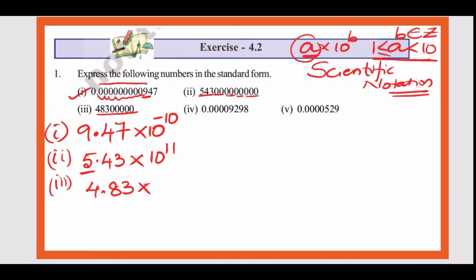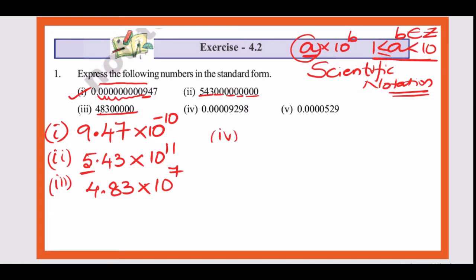Since we have kept a decimal point after 4, count how many digits are there after 4 and write 10 power that much. So how much will you get? Already 5 plus 2 is nothing but 7. So I can write this as 4.83 into 10 power 7.